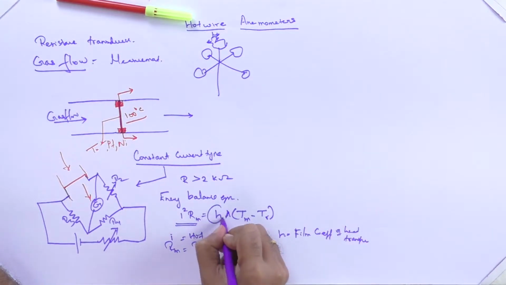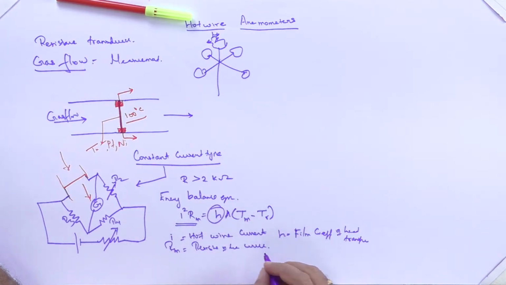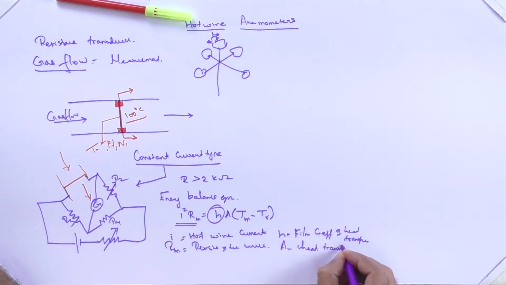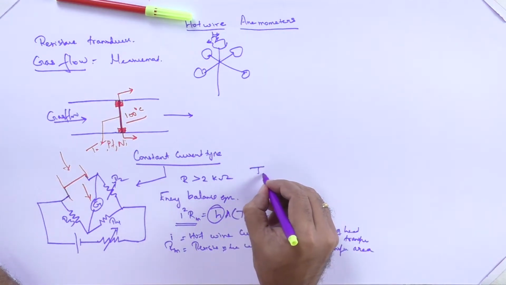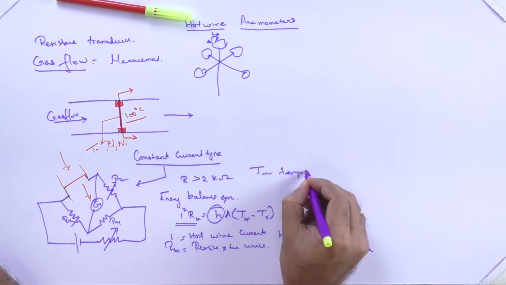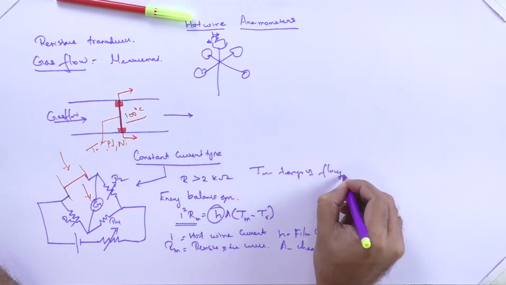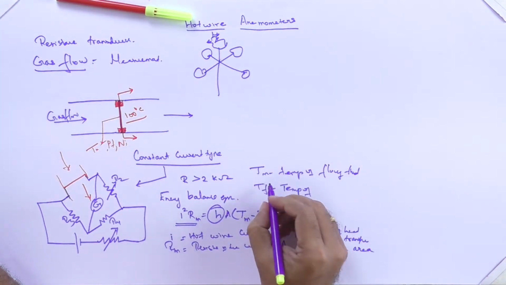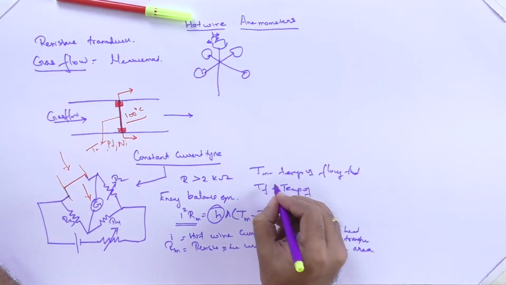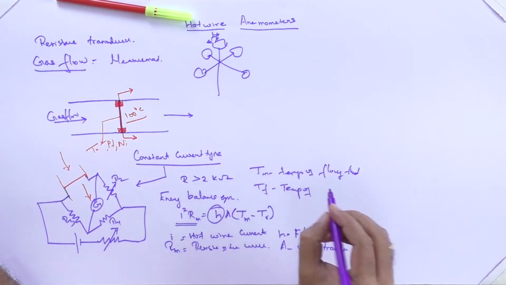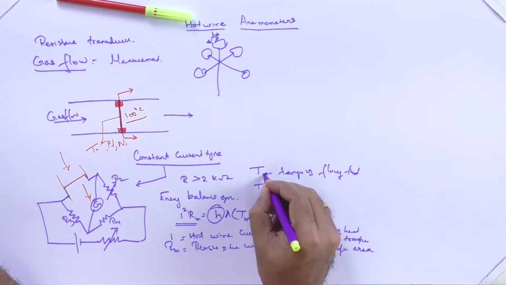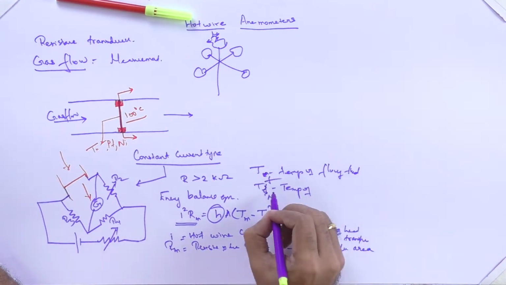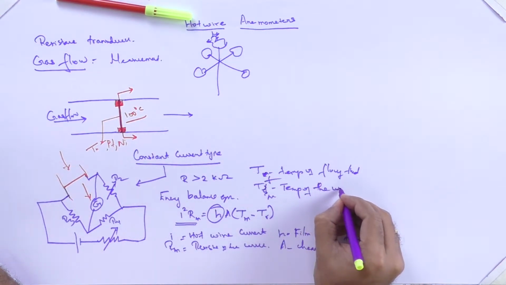This is the constant. And A is the heat transfer area, Tf is the temperature of the flowing fluid, and Tm is the temperature of the wire.